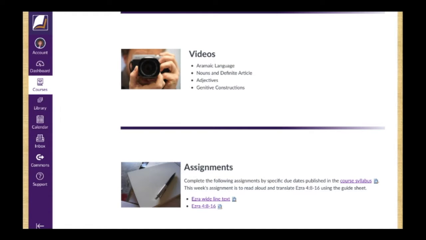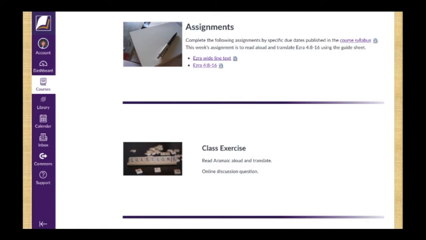There will be links to the various videos, and links to resources that you need to complete the assignments. And then finally, a list of the class exercises that we will be doing together.